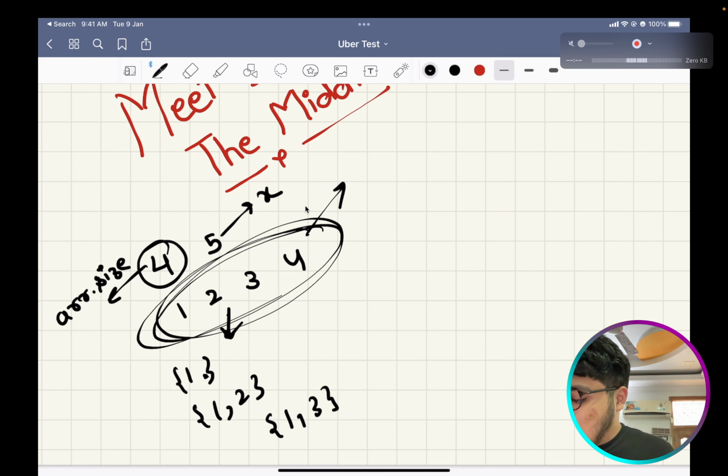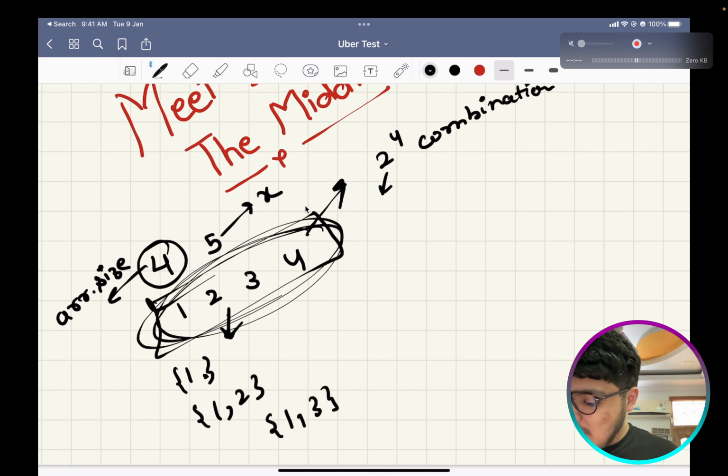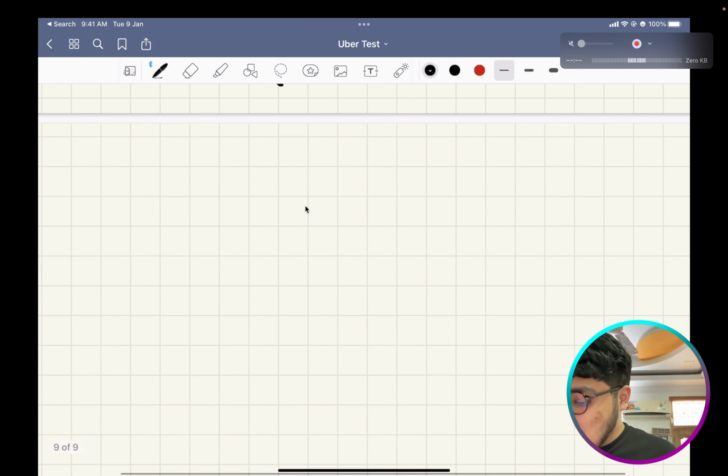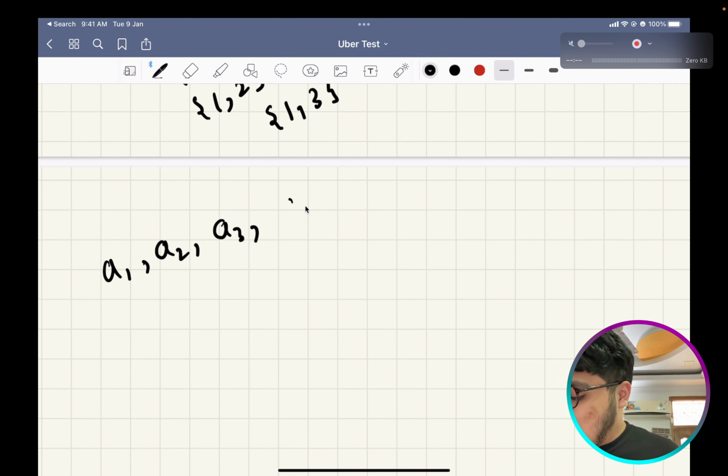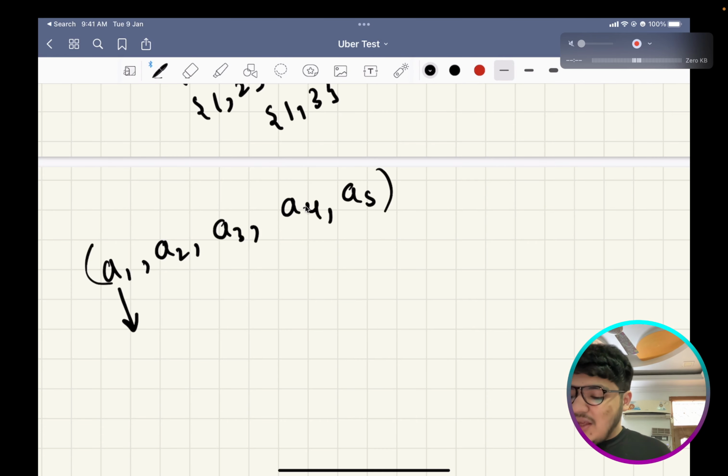So there would be 2 to the power 4 combinations, 2 to the power 4 subsets possible for these 4 elements. Why? Because, as you must know from permutations, let's say you are given an array of length 5.